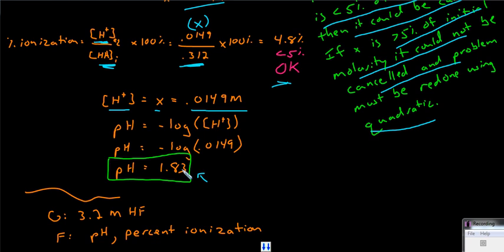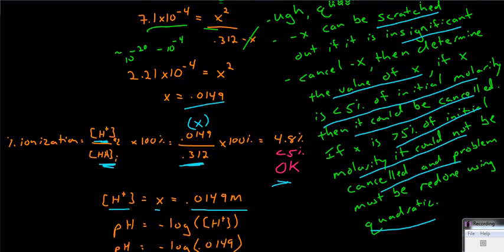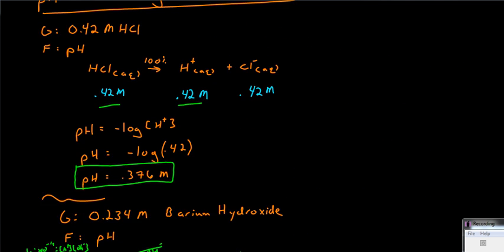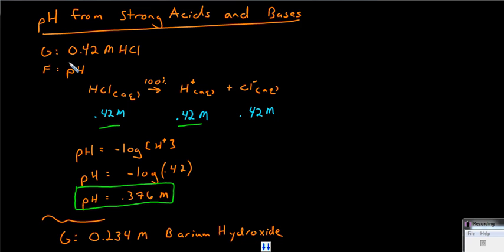Compare this value when we had a concentration of HF of 0.312 to the pH when we had a concentration of hydrochloric acid of about the same molarity as HF. Now, if we had the strong acid, at 0.376 molar, we had a pH of 0.42.